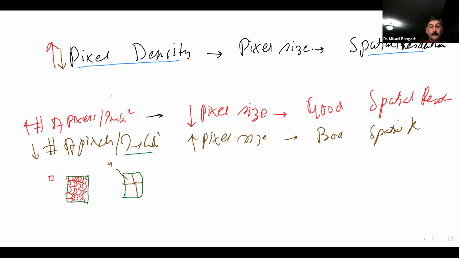But due to this great pixel size here, the lower pixel density per square inch, we are going to end up with a bad or poor spatial resolution. But what causes the pixel numbers to be great here and what causes the pixel number to be low here is that here we have a greater number of pulses, whereas here we will have a lower number of pulses.